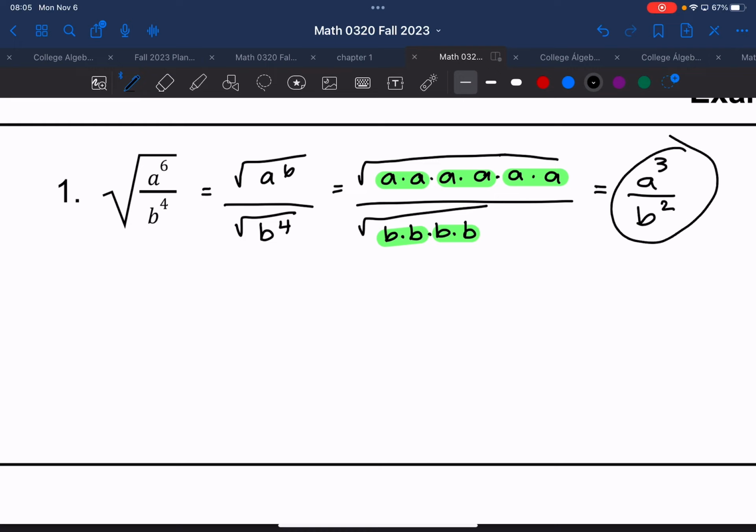This is our answer. So all we're doing is simplifying these radicals. Any questions on how I did 1?